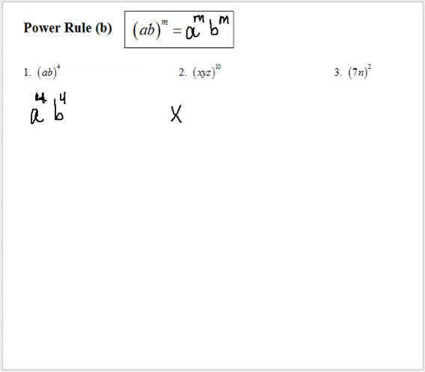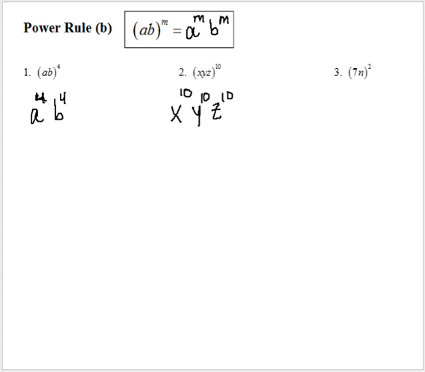Okay. Robin, next one would be x to the power of 10, y to the power of 10, z to the power of 10. And, okay, Robin, I didn't hear from you on the last one.